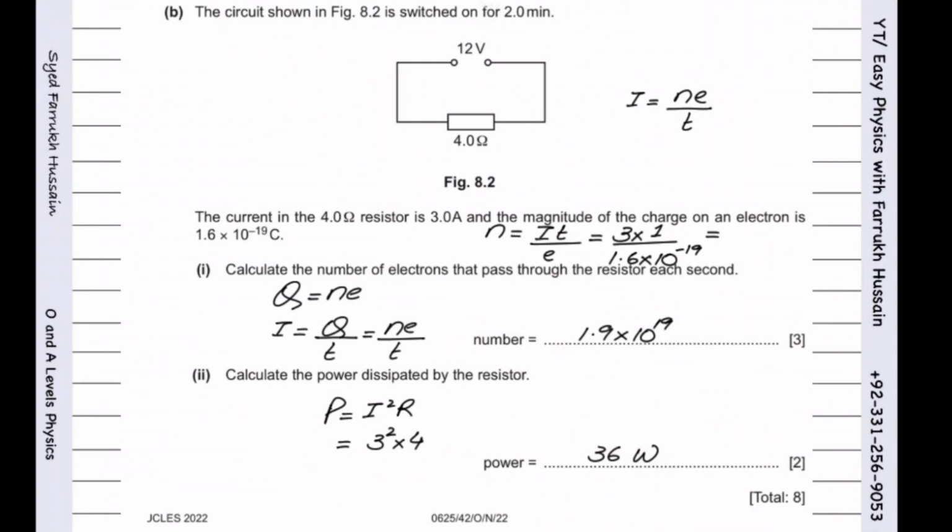Now they have not used this information, but I can, for example, give you a question for it. Let's say I say find out the energy used in 2 minutes. You have to use energy is equal to power times time. You will take 36 and the time is 2 minutes.